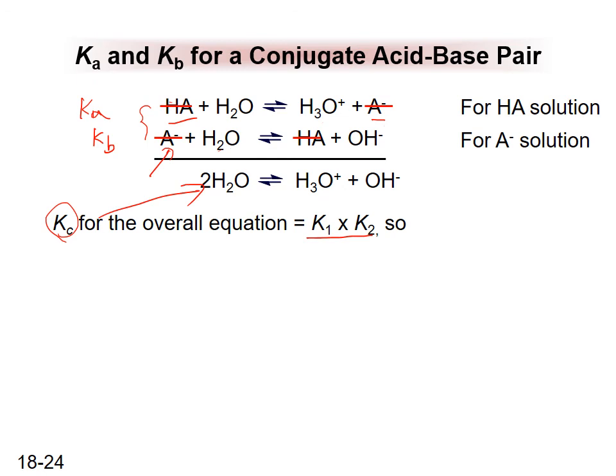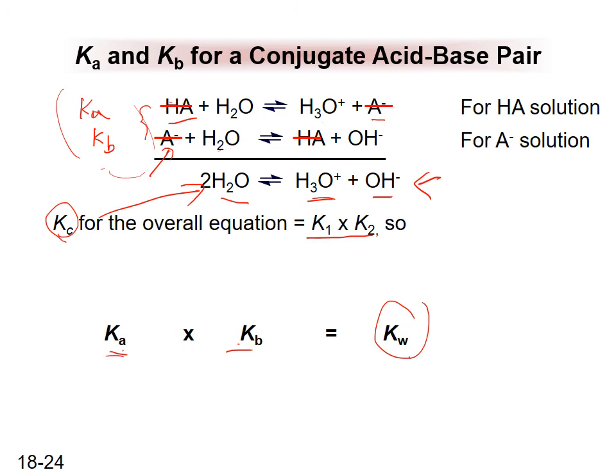So the equilibrium constant is Kb, and therefore we have Ka times Kb, that's these two, equals the K for the third reaction. The third reaction is water hydrolyzed to produce hydronium and hydroxide. So the K is actually the Kw. So we have Ka times Kb equals Kw.